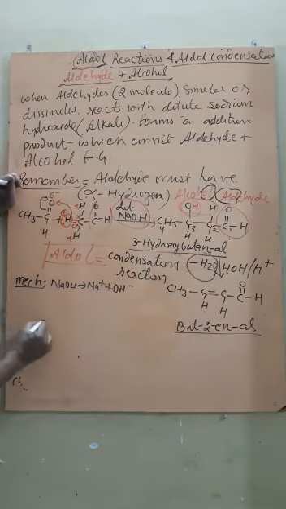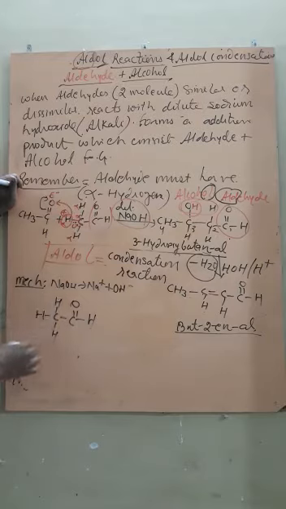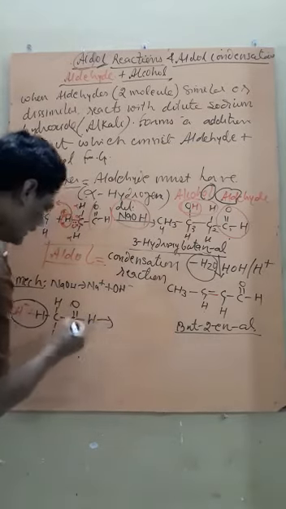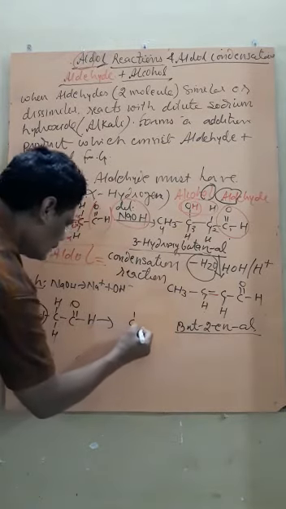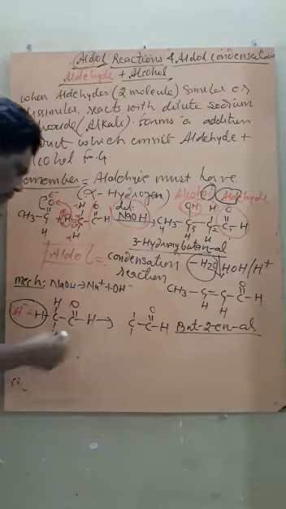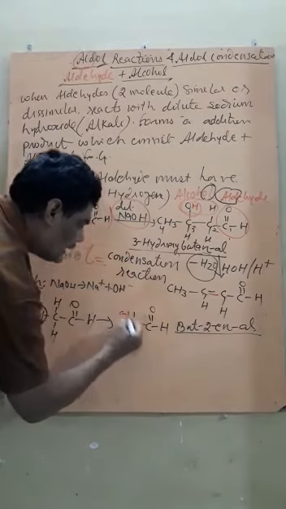Now if the aldehyde consists of alpha hydrogen, this one alpha hydrogen, then this alpha hydrogen can react with OH anion. That is, the reaction is in basic medium, forming water, and therefore it will form CH2 C double bond OH. This species is called enolate ion.